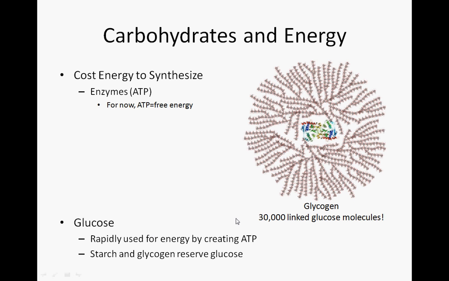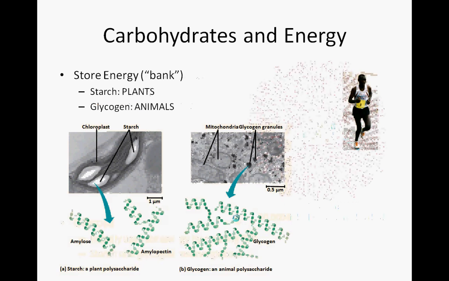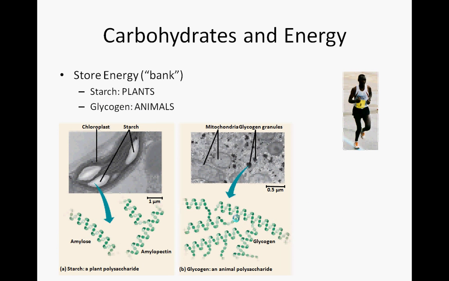Starch and glycogen are how plant and animal cells, respectively, hang on to free glucose. So think of starch molecules and glycogen molecules as almost like banks for your individual glucose monomers that you can withdraw from whenever you need to make some free energy.